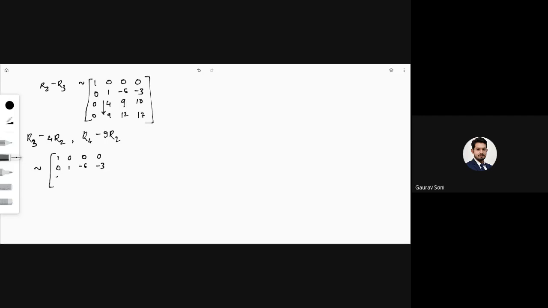Third row, the first ones will be 0, 0. This will be 9 plus 24, this is 33. This will be 22. And the last row will be 0, 0, 66. Then 17 minus 27, so 44.